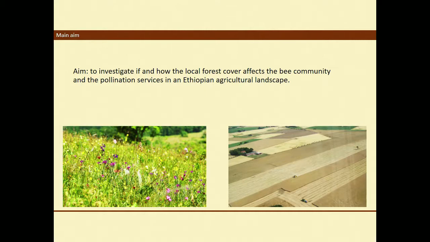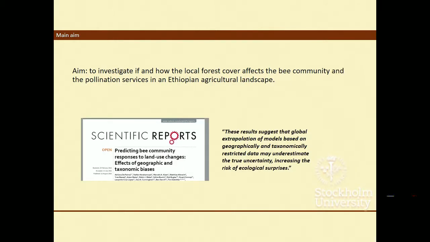But from Europe, we know that increased complexity and heterogeneity in agricultural landscapes, and also the presence of semi-natural and natural habitats, is generally good for biodiversity and also for pollinators, and that conversion of land into agricultural land and the intensification of land is generally quite bad for biodiversity and also for pollinators. We know this especially from Europe and North America.